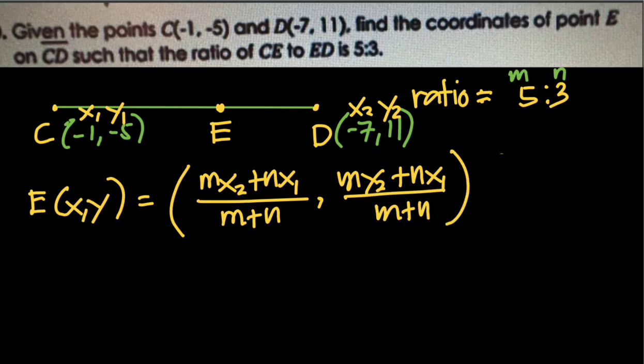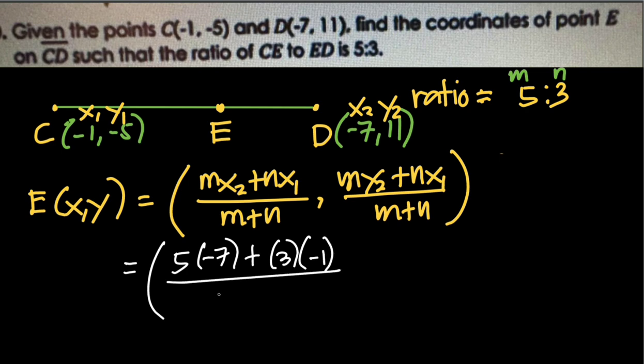Then we just plug in all the values. m is 5, so that is 5 times x2, which is -7, plus n, which is 3, times x1, which is -1, over m plus n.